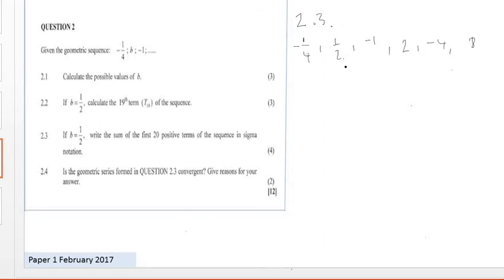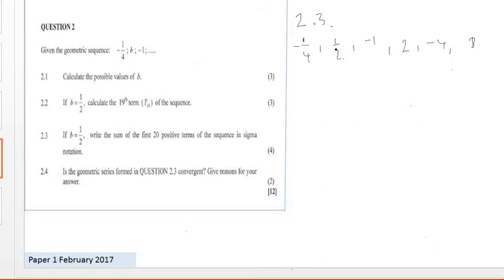So this sequence is the same as that one, but we just add some values so that we'll see what's going on. In this sequence we realize that there are terms that are positive and also terms that are negative.